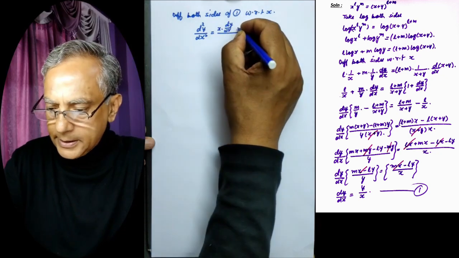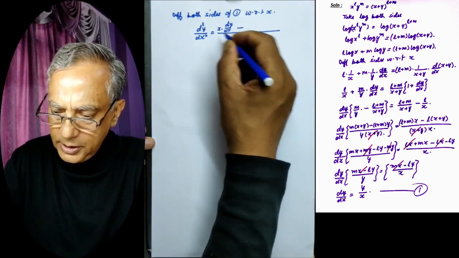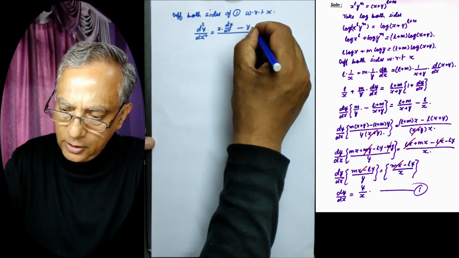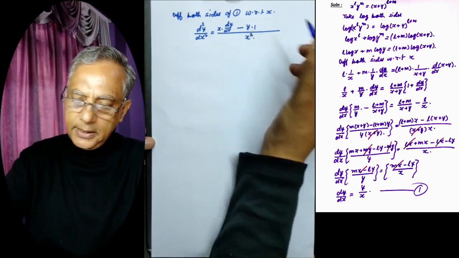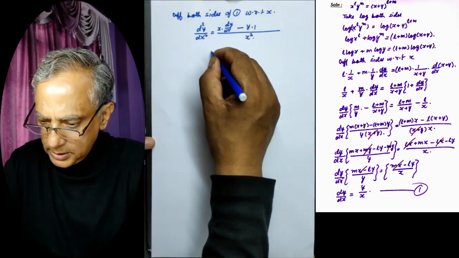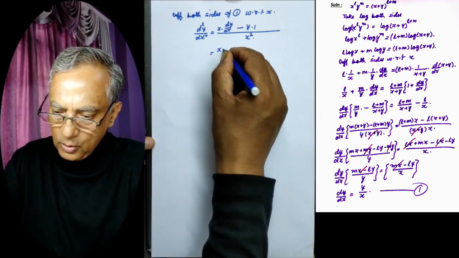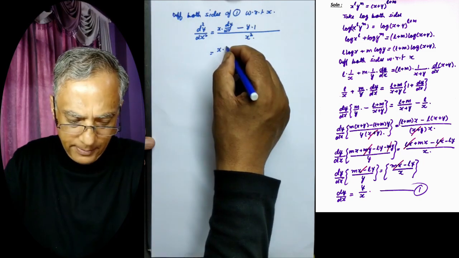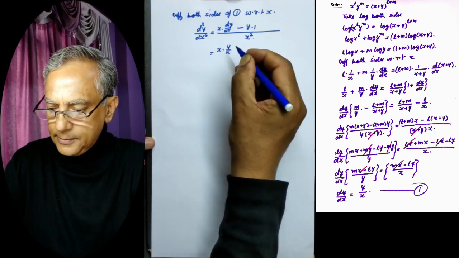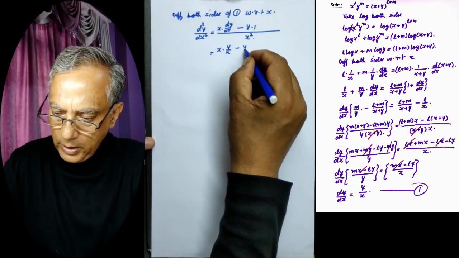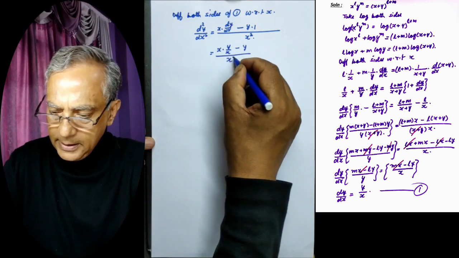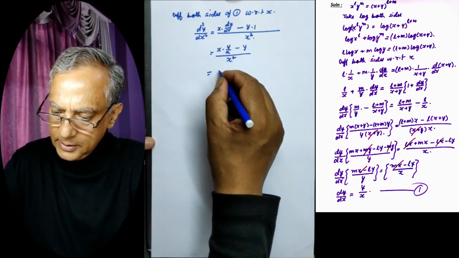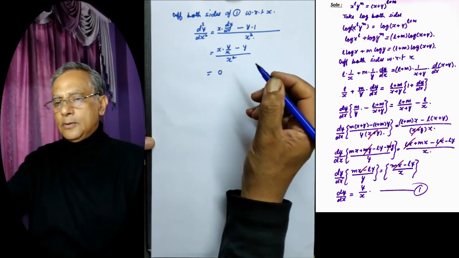That is g x into f dash x minus f x into g dash x over g x square. G dash x is 1. So this is equal to x into dy by dx, and dy by dx from 1 is y by x, minus y whole divided by x square. So this cancels and y minus y is 0. So this is 0.